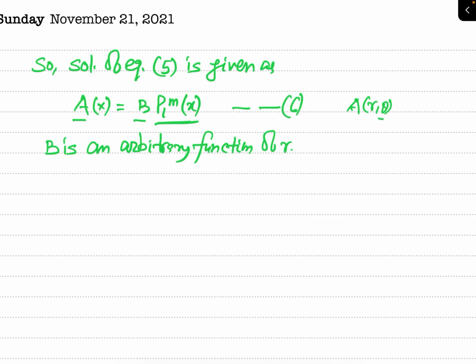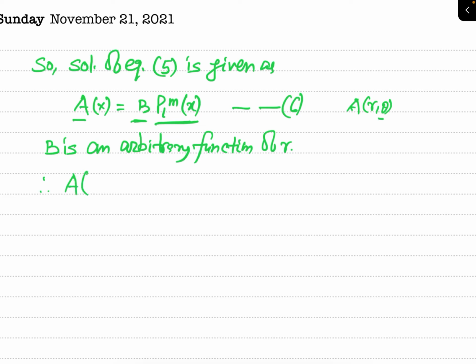So PLM of x contains the variable theta, but r is not contained, so definitely b will be a function of r. Since it is an arbitrary function of r, you can replace b by a function of r.